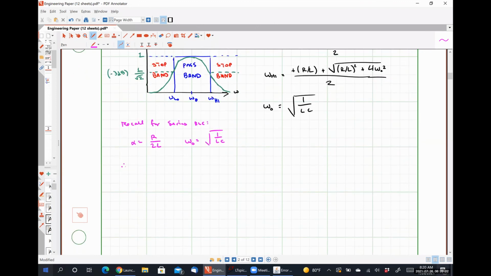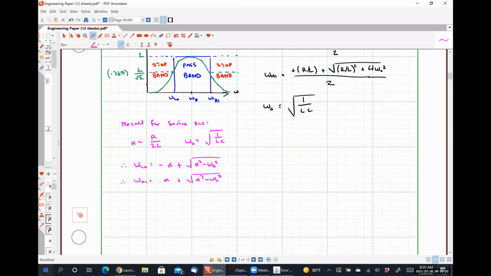From this, omega low is simply negative alpha plus the square root of alpha squared minus omega naught squared. And omega high is simply positive alpha plus the square root of alpha squared minus omega naught squared.